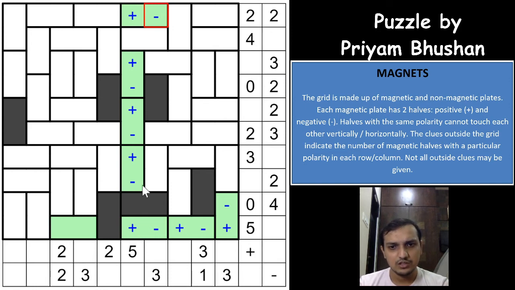Okay, so there are 3 negative symbols here. So 1 and 2 are already marked. Third will have to be somewhere here. Okay, not sure which way. If both of these are gone, 1, 2, 3 and 4, one of the 4, it is still possible.